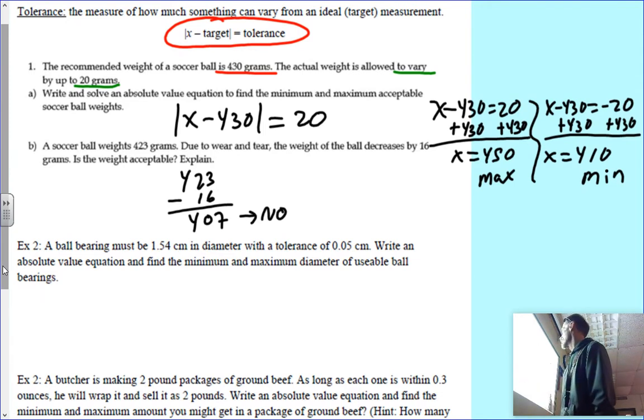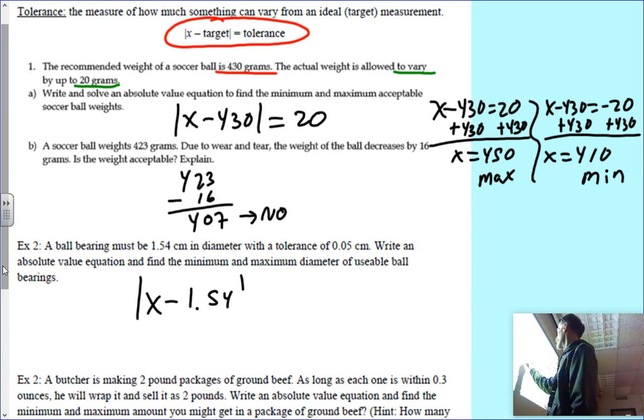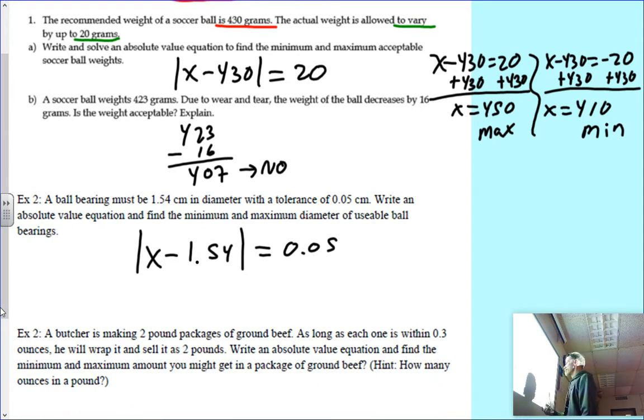Then I've got two more down below, and I'll let you work on those by yourself, and then we'll zip through those answers. So example 2, a ball bearing must be 1.54 centimeters in diameter with a tolerance of 0.05. My target is 1.54, so the absolute value of x minus 1.54 equals 0.05. There's your equation. That's all there is to it. You want the minimum, maximum, you just solve it.